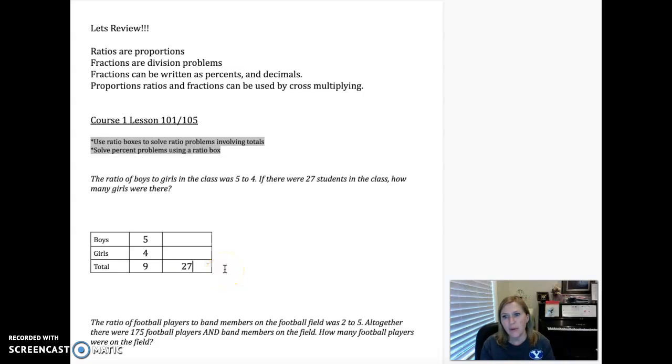So now there's a lot of ways we can fill this out. We can use cross multiplication. We can say, oh, I know what 9 times 3 is, because 9 times 3 is 27. So 4 times 3 would be 12, and 5 times 3 would be 15.